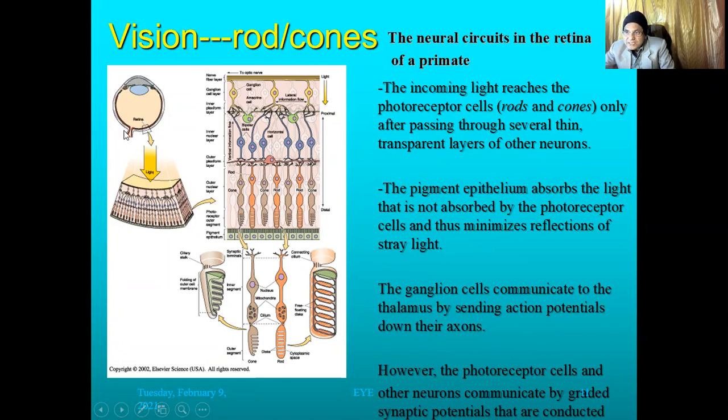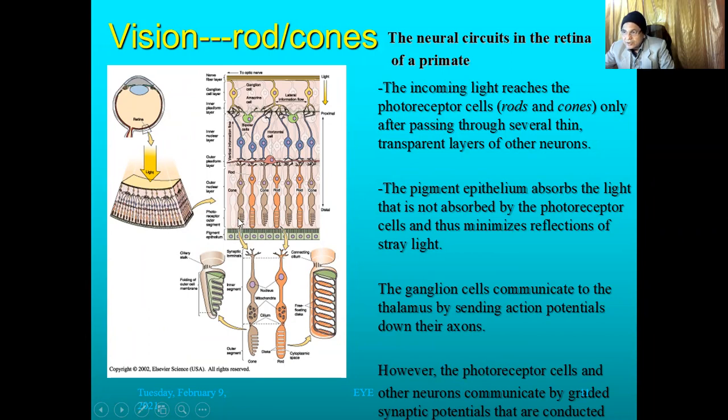You see this one is the eye, and this small part is the retina. The more detailed diagram of the retina shows the pigmented cells, and these pigmented cells are connected to the cones and rods.